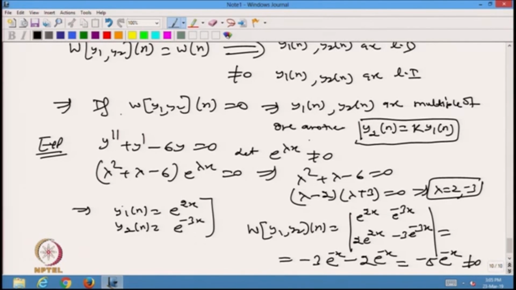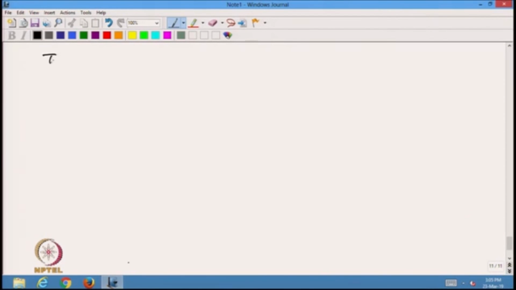So, in that case I will say that y1(x) = e^(2x) and y2(x) = e^(-3x) are linearly independent.